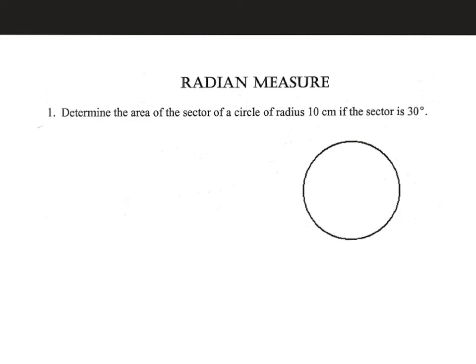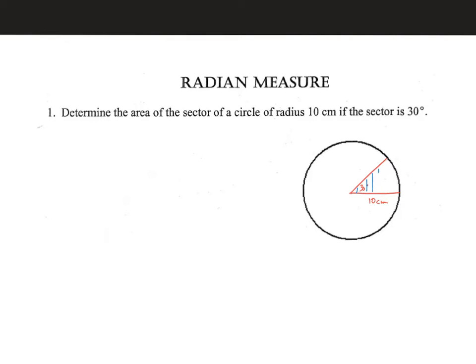What the question is asking then is for a circle that has a radius of 10 centimeters, what is the area of a sector? So if I was to now rotate 30 degrees, what is the area of that sector?